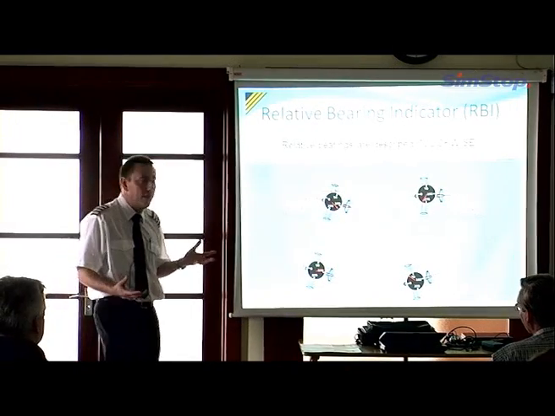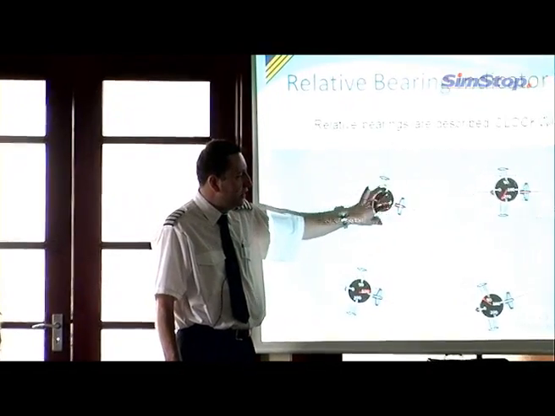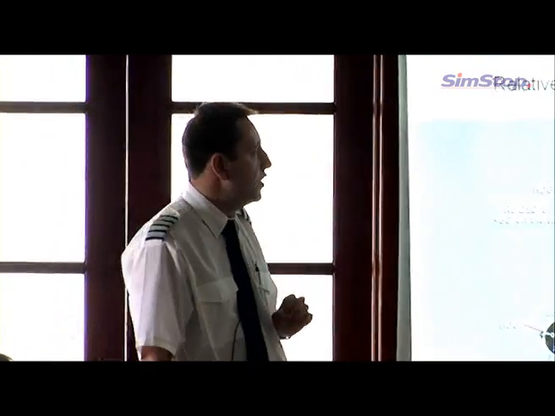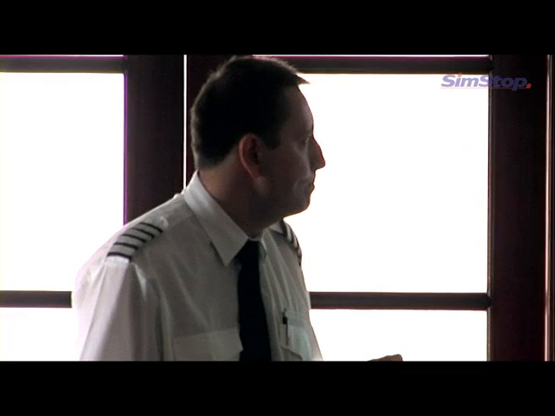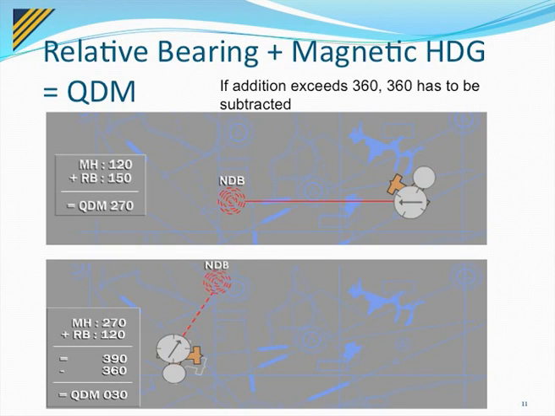So, as you can probably gather, we could have the same relative bearing at any position around the beacon. So we still don't know what our track to, our bearing to, or from the station really is. So, as I said, we use relative bearing plus magnetic heading, which gives us QDM, our magnetic bearing to the station.